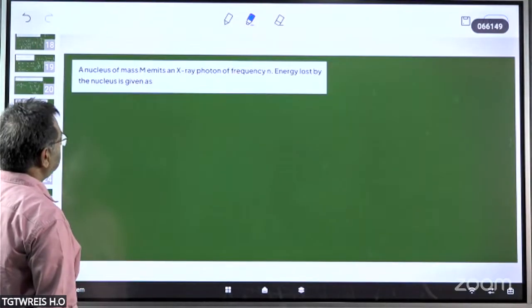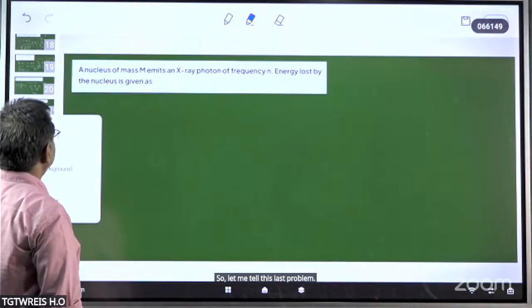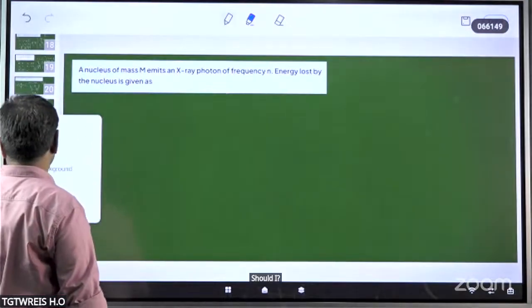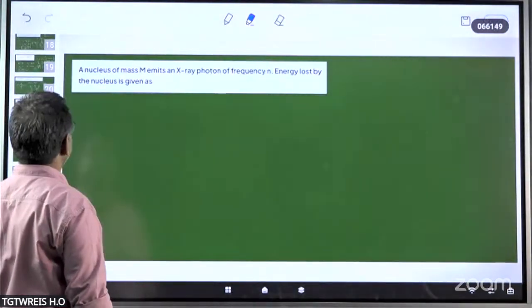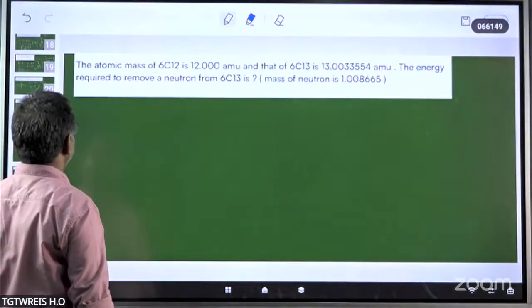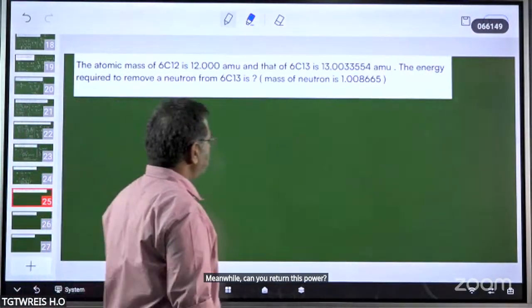So let me tell this last problem. It's also a simple one.